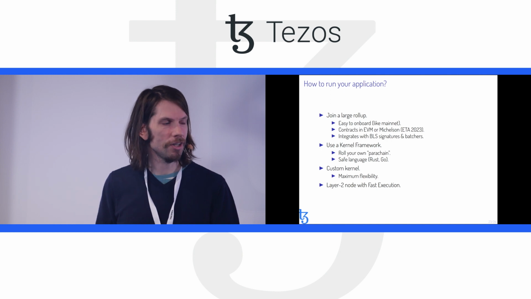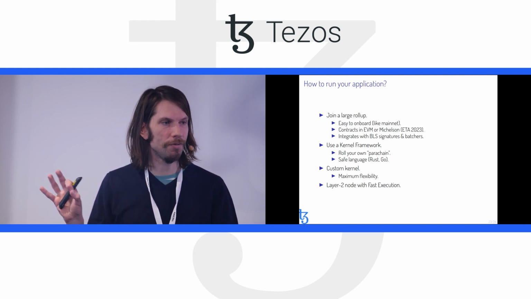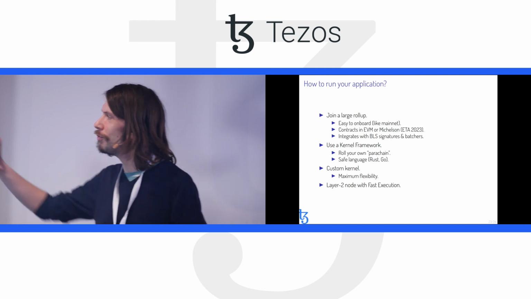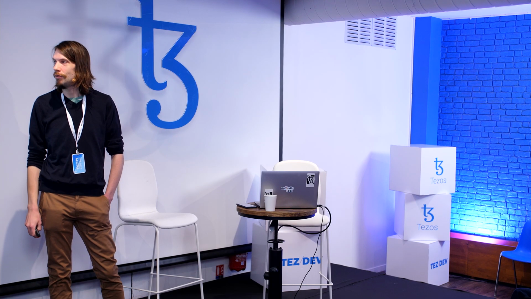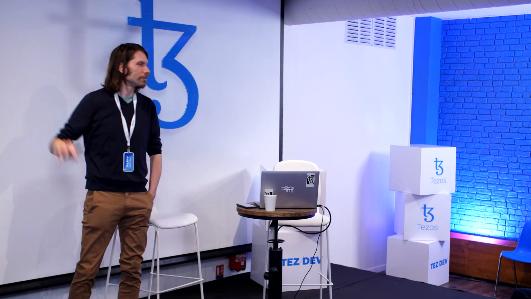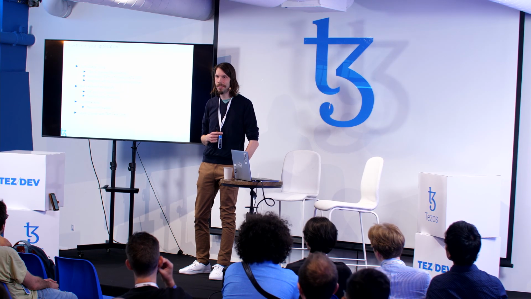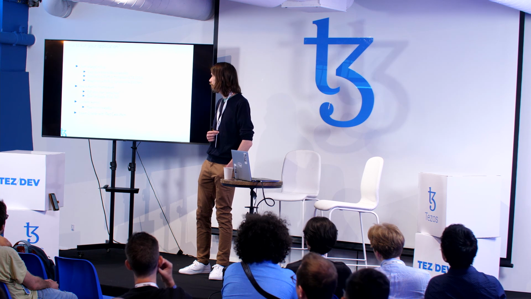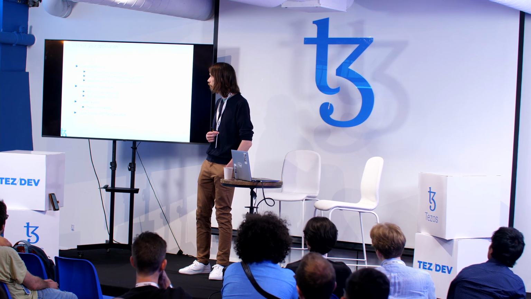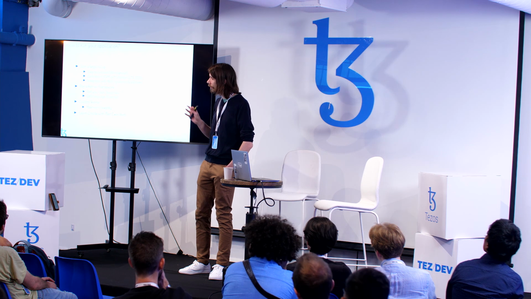And we encourage others to do the same. So we have a couple of these big ones. And if you join one of these, it will be just like joining a mainnet. And you will be able to write your contracts in a smart contract language, EVM-based contracts, Michelson-based contracts, and you will get integration with BLS signatures and batches and so on. So that's the easiest way.